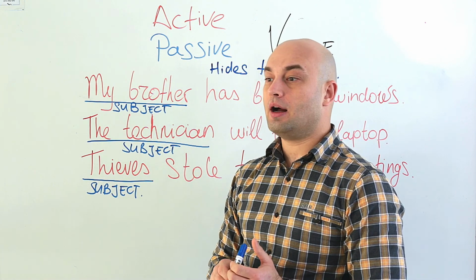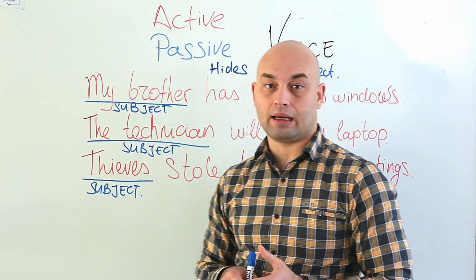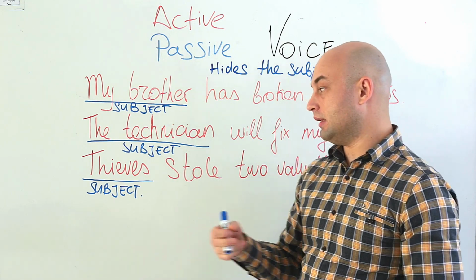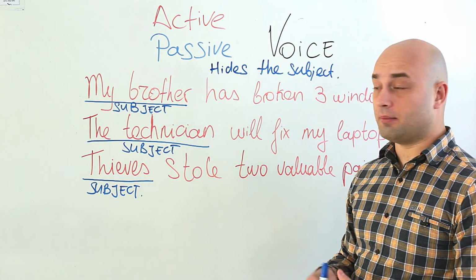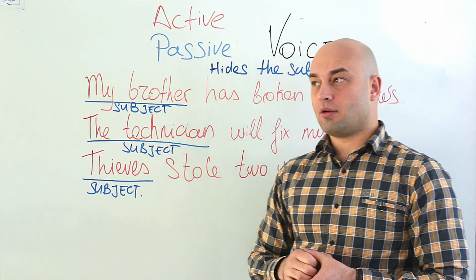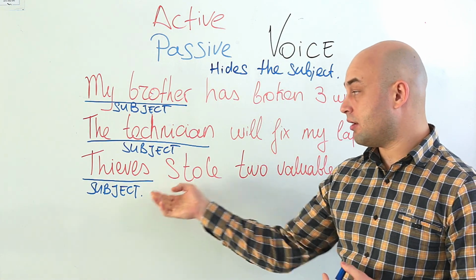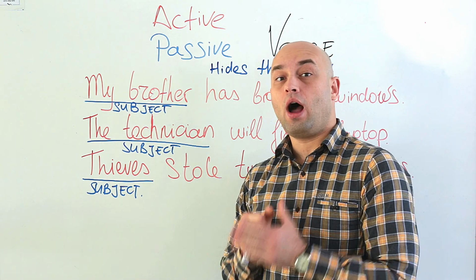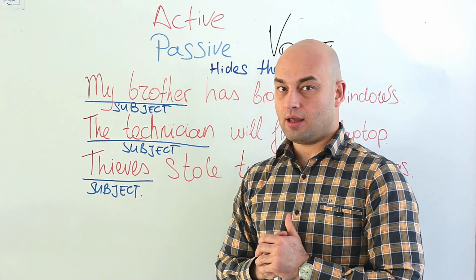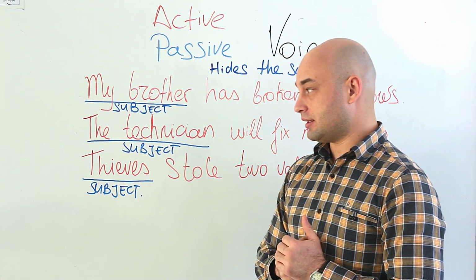You are not hiding the information from them. You're just replacing it with unknown information, which is probably a lie. But there's a way in English, grammatically, to hide the subject and not lie, okay? We're not lying, we're just hiding the subject.